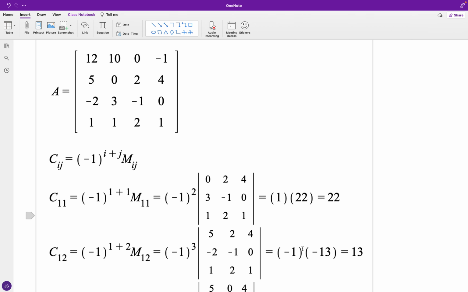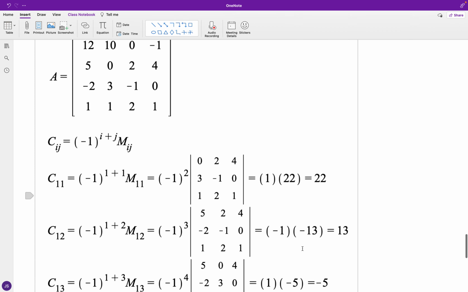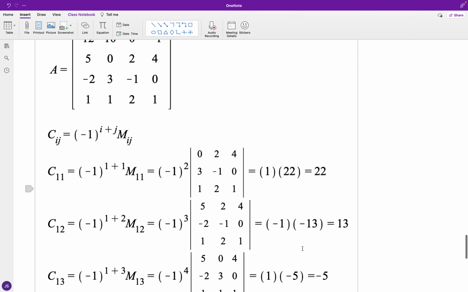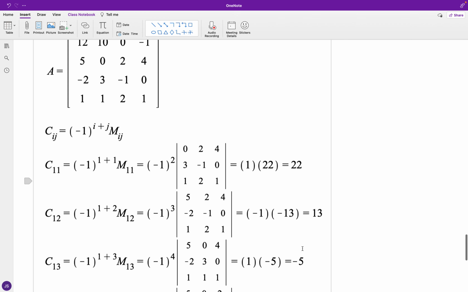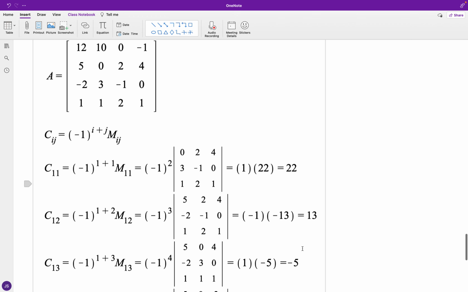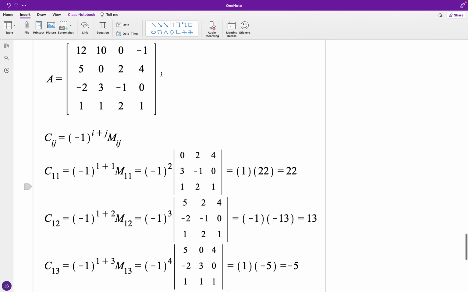And for the cofactor of the first row, third column, we bypassed that when we were looking at the determinant of this particular 4x4 matrix, because the top value was 0, and we just rendered that whole thing as negligible. But for the first row, third column, we have negative 1 to the i plus j, which is negative 1 to the 1 plus 3, which is negative 1 to the fourth.